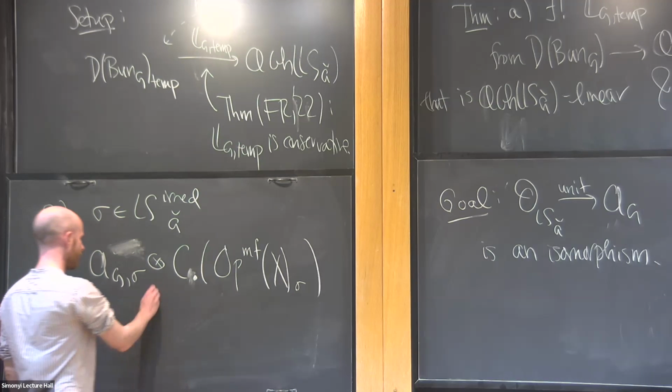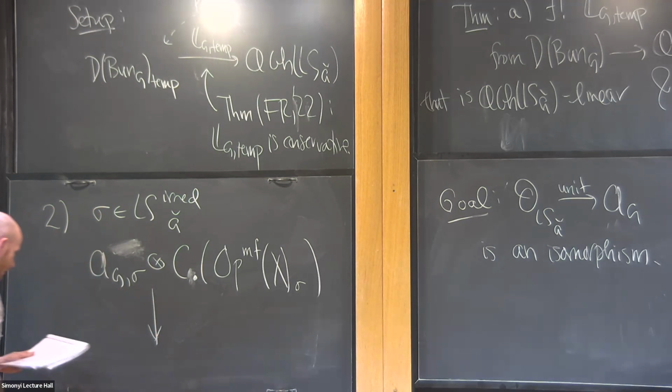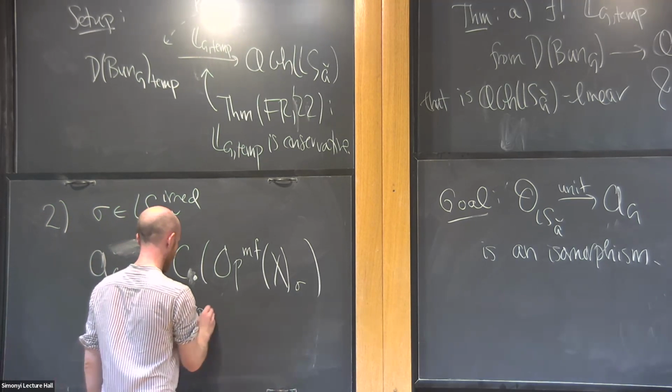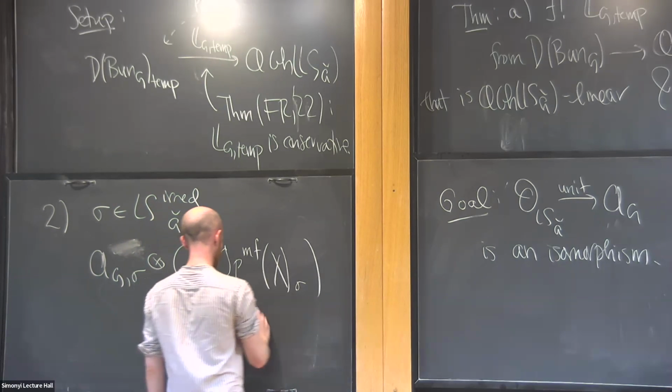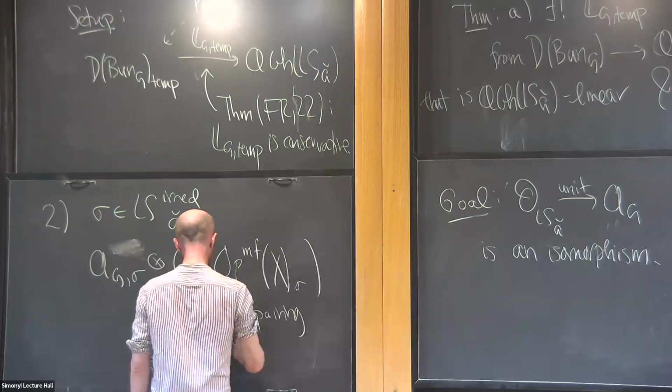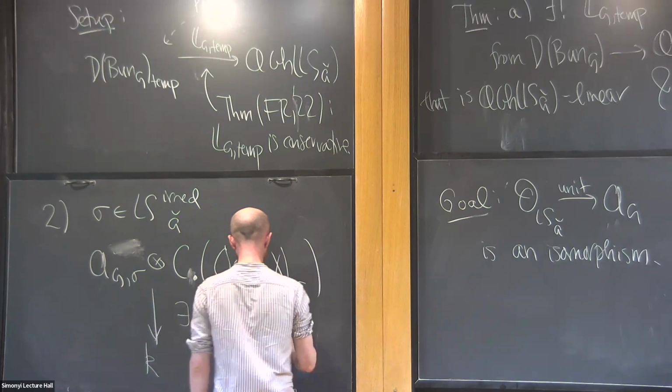And we prove that there exists a perfect pairing. This is somehow a perfect pairing between an algebra and a coalgebra.